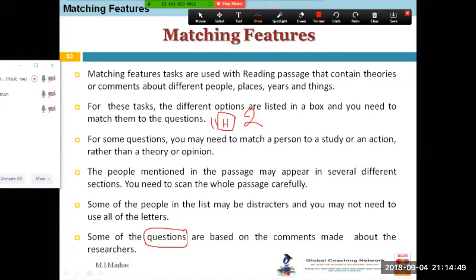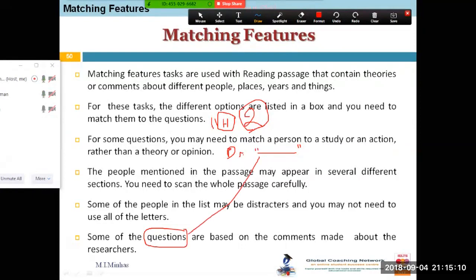Let's say there's another researcher, Dr. Shumaila, and she said that, to my opinion, Herzberg's theory doesn't relate to practical scenarios these days. So now your question may relate to the comment about Herzberg's theory.